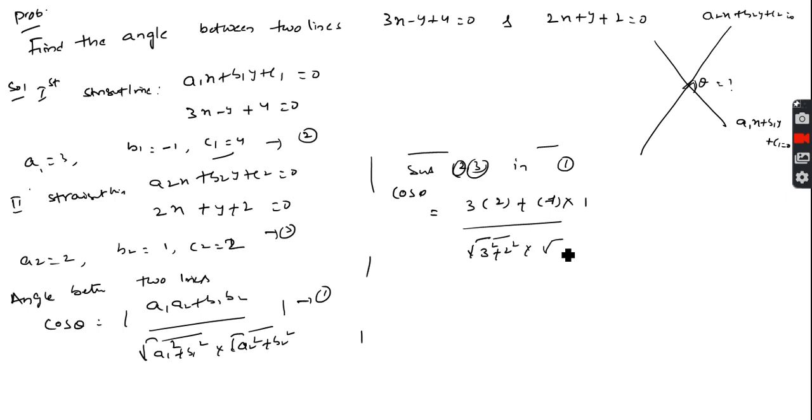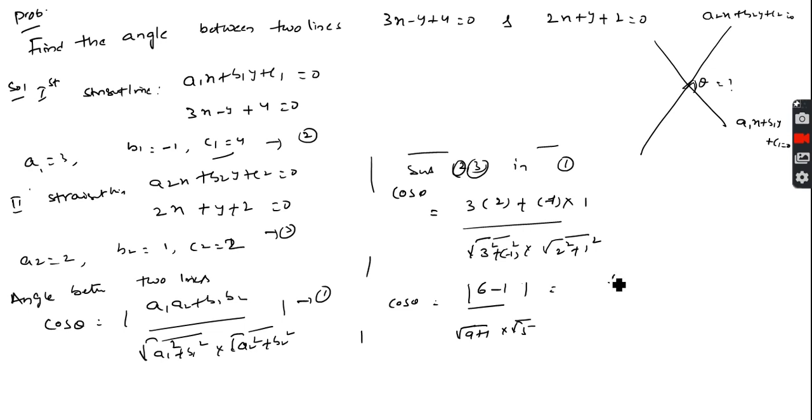Taking a1 square plus b1 square, with b1 equal to minus 1, and root of a2 square plus b2 square, which is 2 square plus 1 square. So cos theta equals 6 minus 1 divided by root of 9 plus 1 into root of 5.